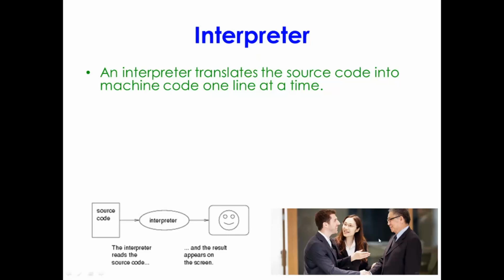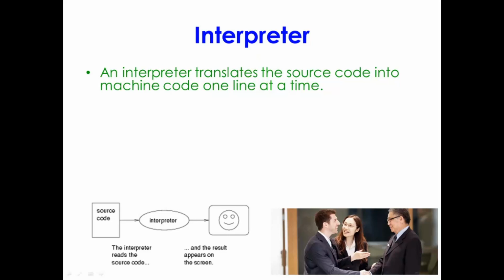In case of the compiler, the compiler will translate the whole speech. Once the president or the prime minister delivers a speech, then the whole speech will be translated in one go into the other language. Then it's like compiler.